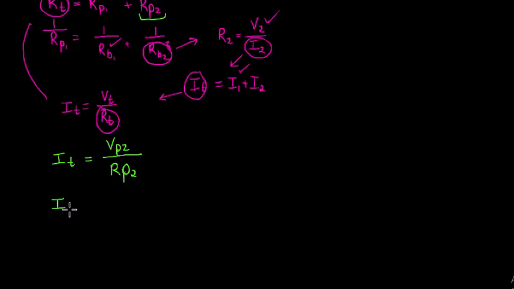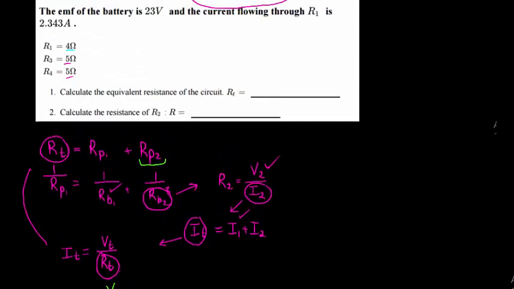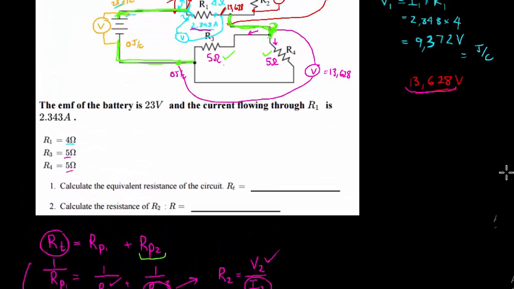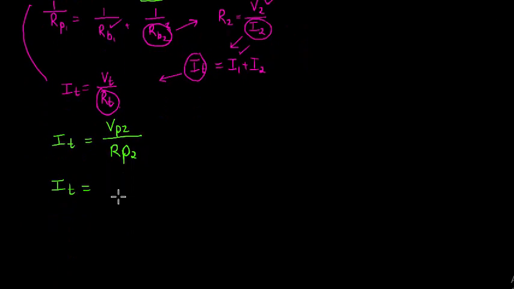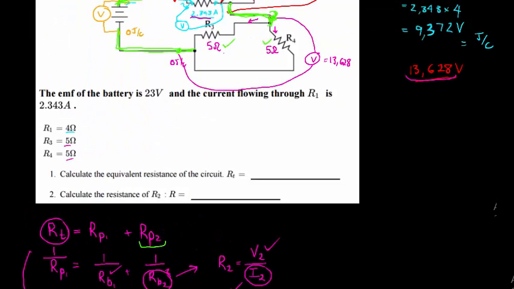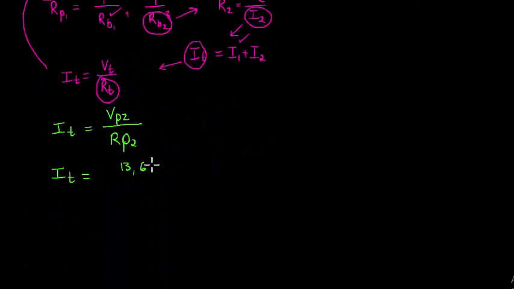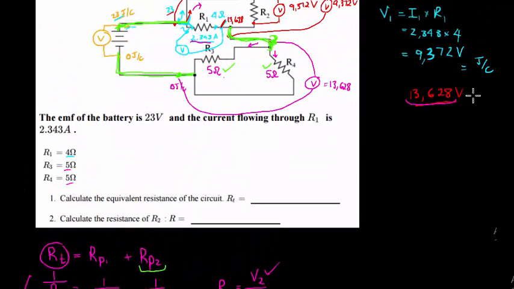The total current is equal then to the total voltage over grouping 2, which we've already calculated, is 13.67, was it? 13.62 628 divided by, now we just need the total resistance of these two branches.